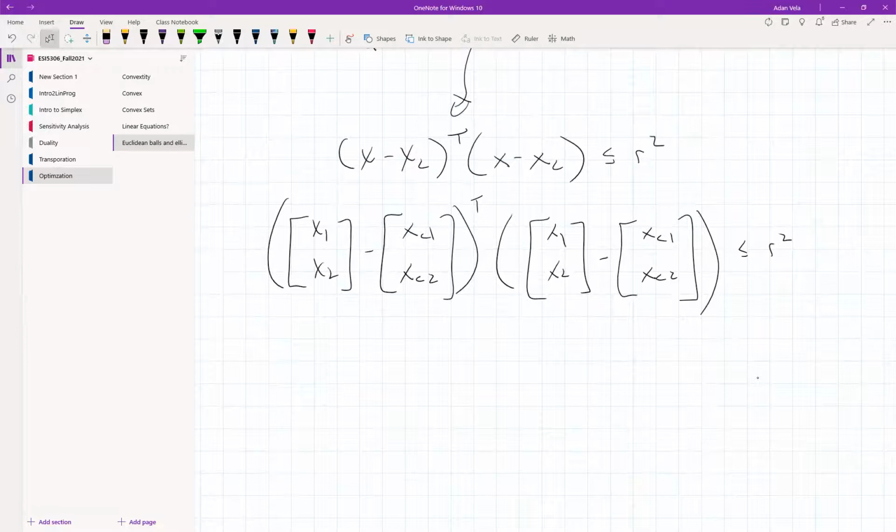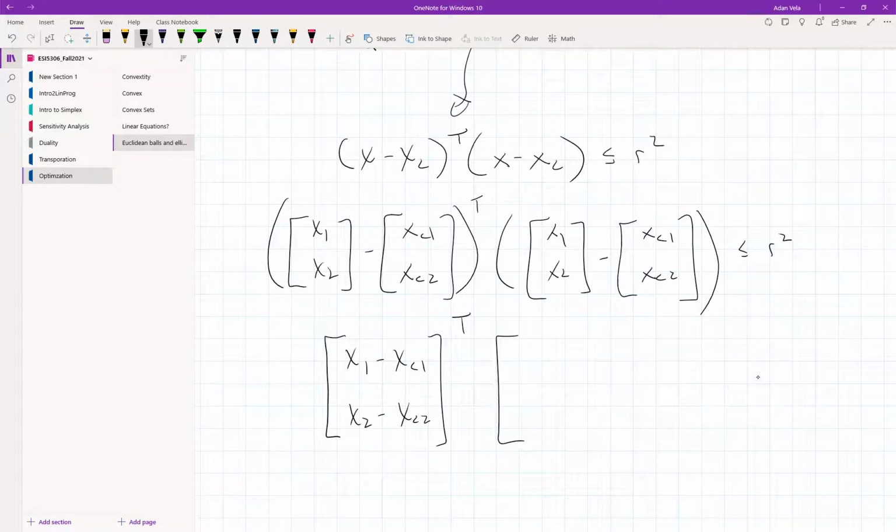So this allows us to put it all together. So in the top part of the vector, we'd have x1 minus xc1, and on the bottom, we'd have x2 minus xc2. We're going to take the transpose of that and multiply it times x1 minus xc1 and x2 minus xc2.